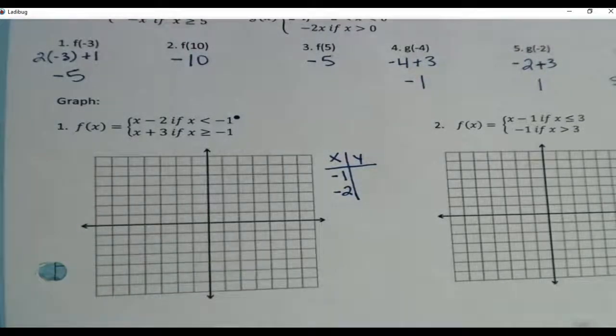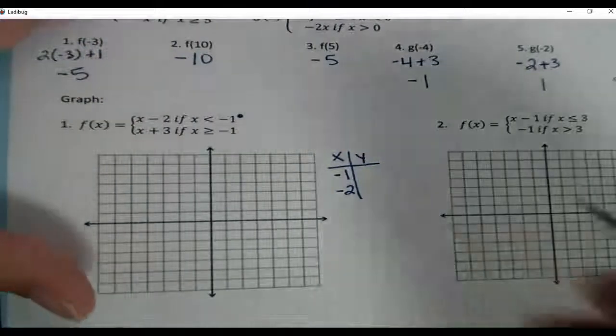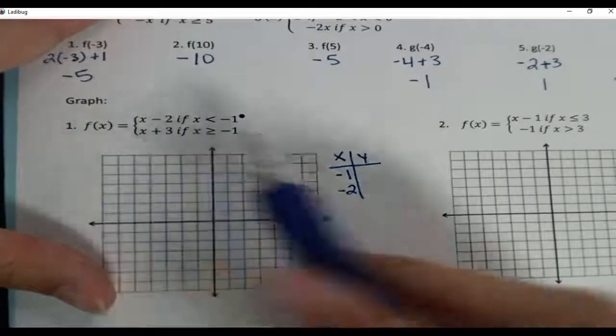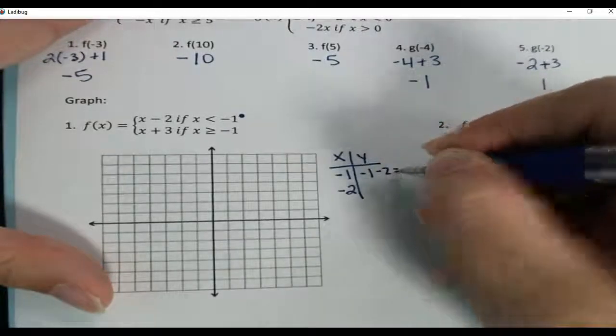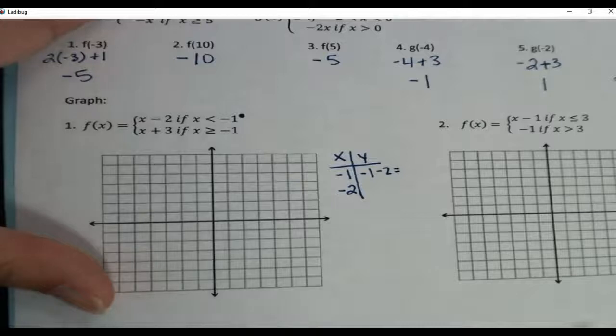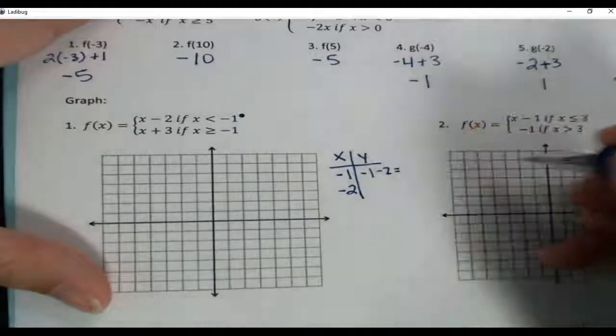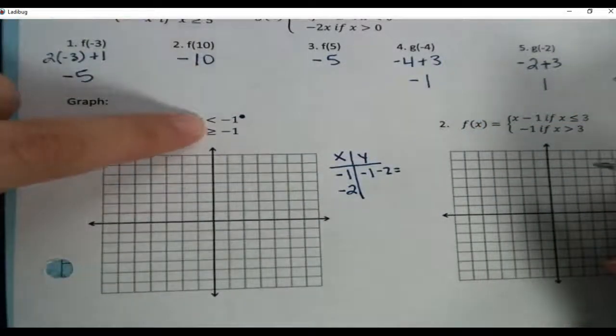Okay. So it gives you the first one. Sometimes it gives you both. We'll look at that. But it gives you the first one, you find the second one. So then you do what we did up here and you just plug them in. So if I plug in negative 1 minus 2, no, because we're looking at less than negative 1.